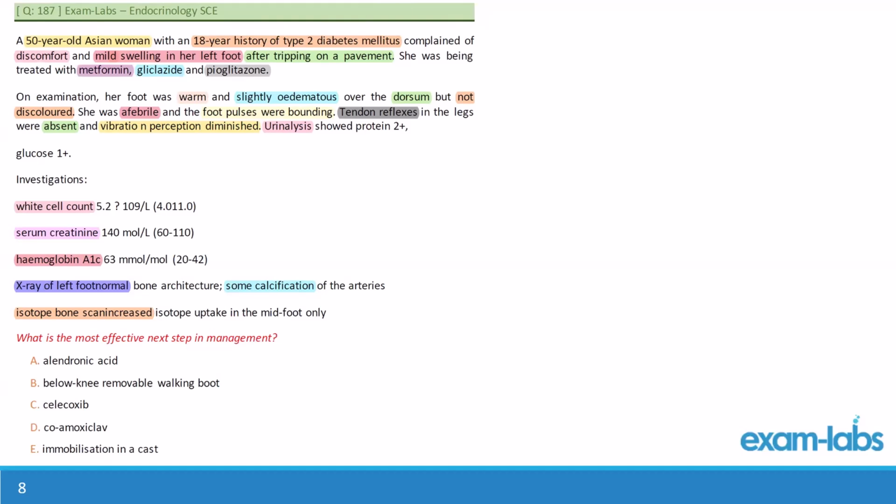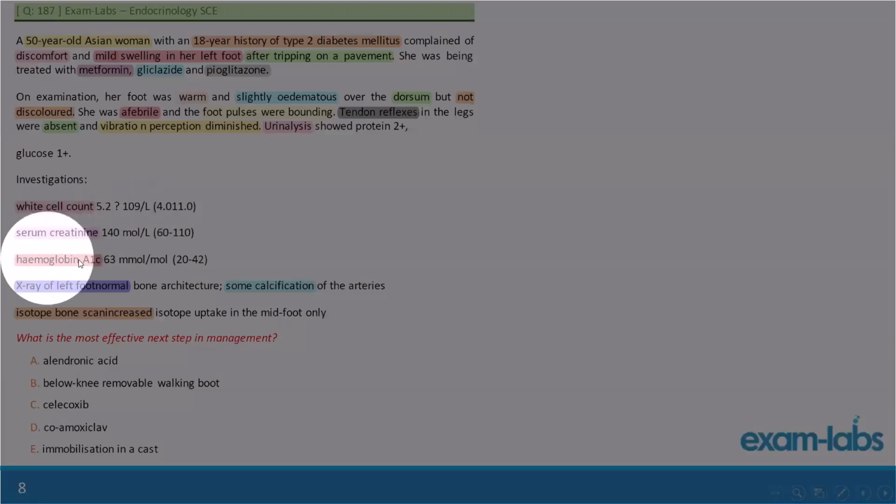Reflexes in the leg were absent and vibration perception diminished. Urine shows protein +2, glucose +1. Leukocyte count is normal. On X-ray, there is some calcification. Isotope scan shows uptake in the mid foot only. What is the most effective next step? Immobilization. Yes, you are right. Once you see mid foot, this is Charcot, so immobilization in a cast is the best option.